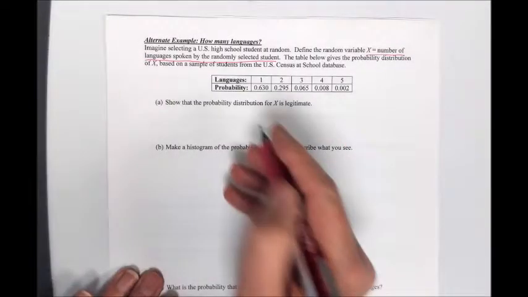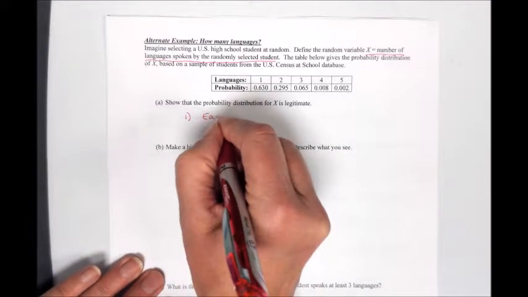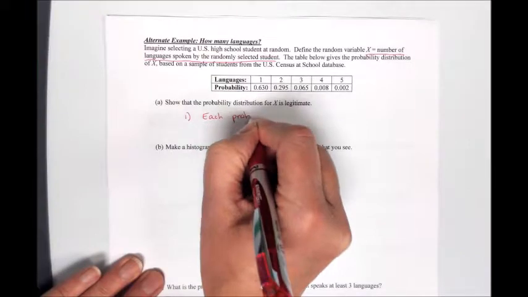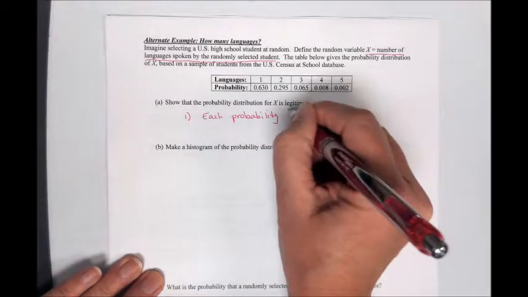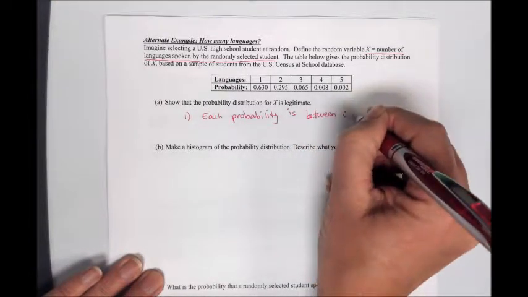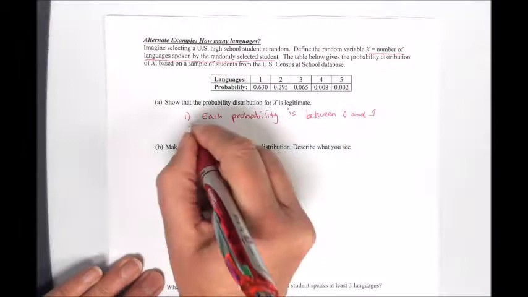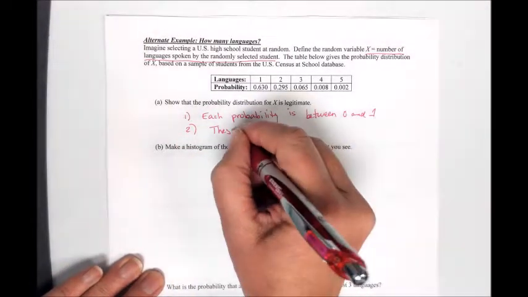But again, if you have to verify that it's legitimate, there's 2 steps. Number 1 is each probability is between 0 and 1. And 2, the sum equals 1.